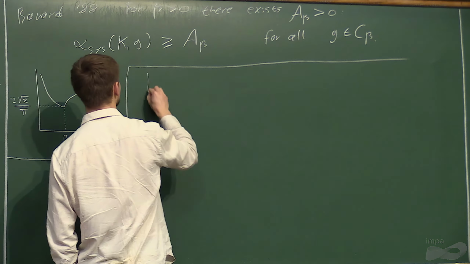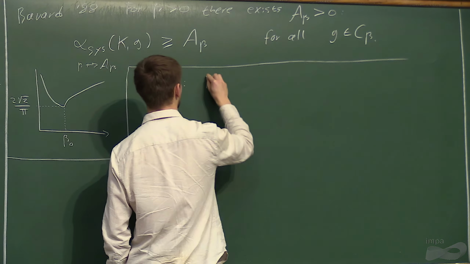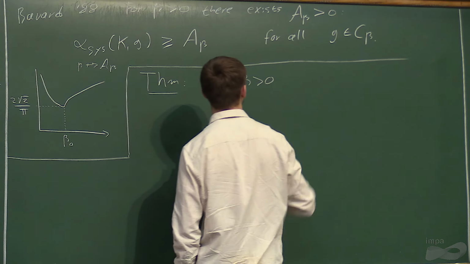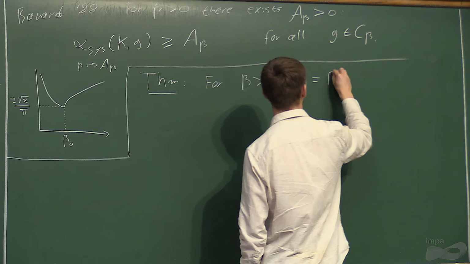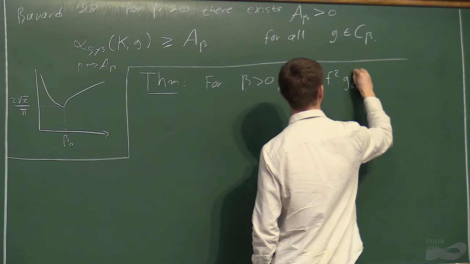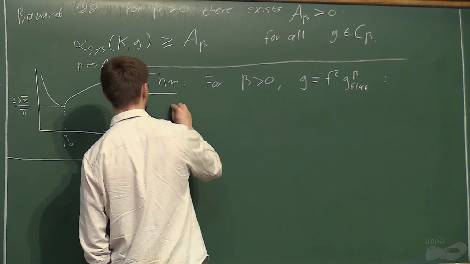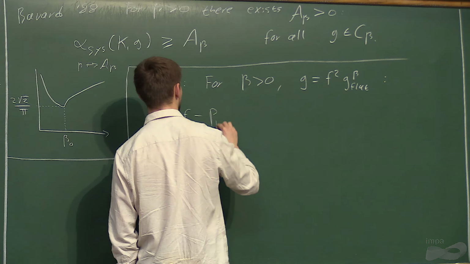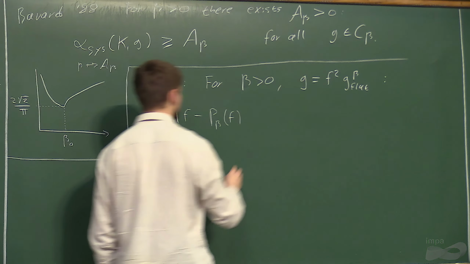So for any beta positive and for metric G of the form f squared times G flat beta, we know that if we take the difference of the function f minus a function P beta of f, this P beta I will explain in a second.